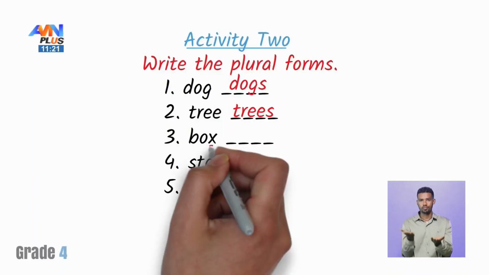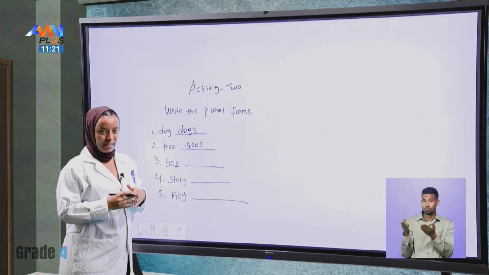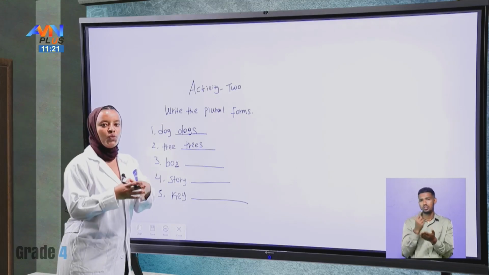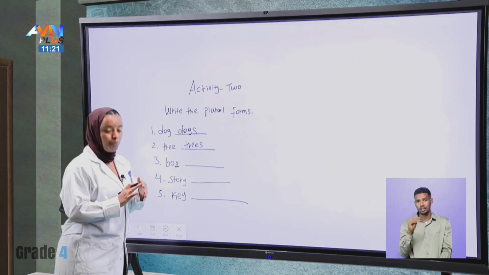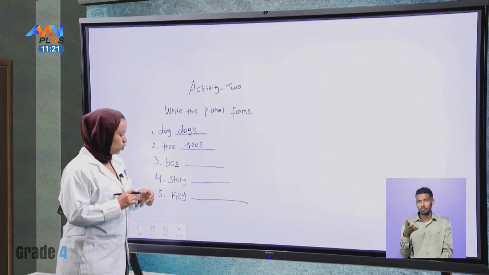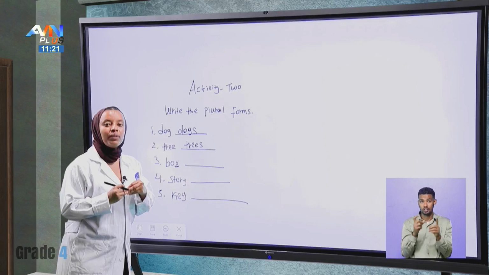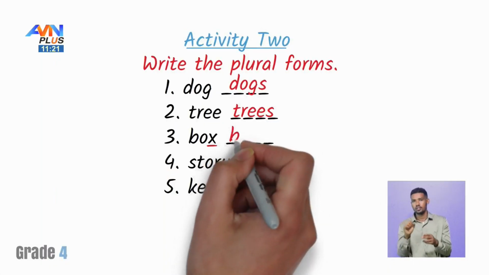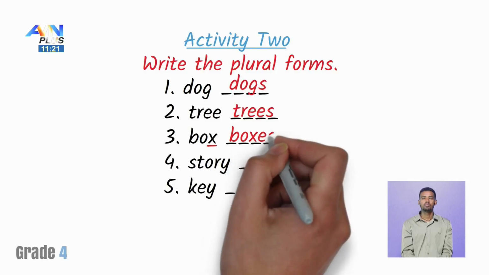Third one, box. Box, ending with what? X. So when some nouns end with SH, CH, S, Z, and also X, add ES at the end of these nouns. Here is box, boxes.